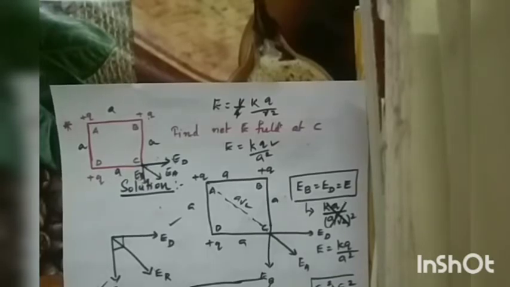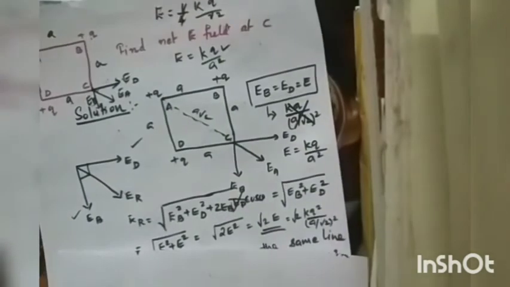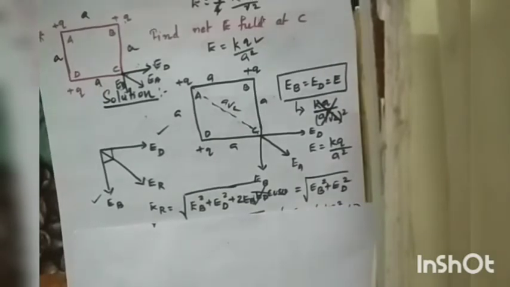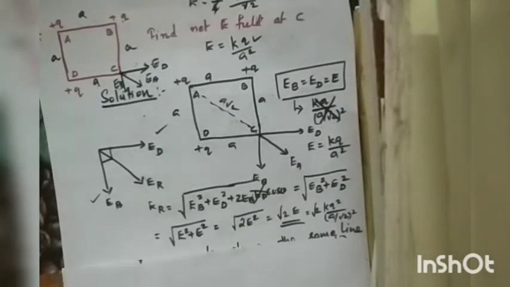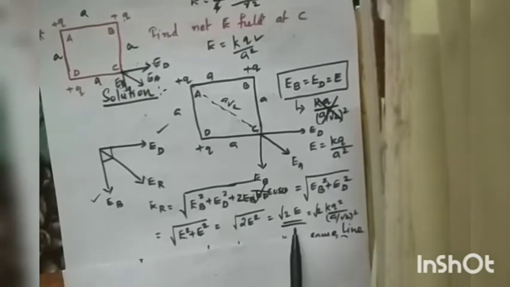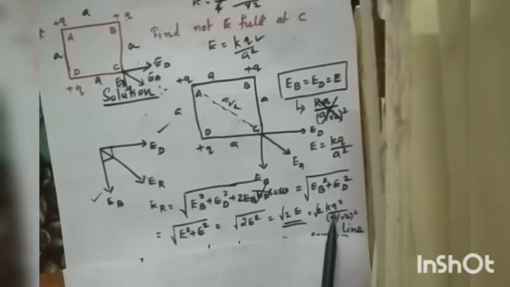Then we have square root of E square plus E square, that is square root of 2E square, equal to root 2 E. What is E?